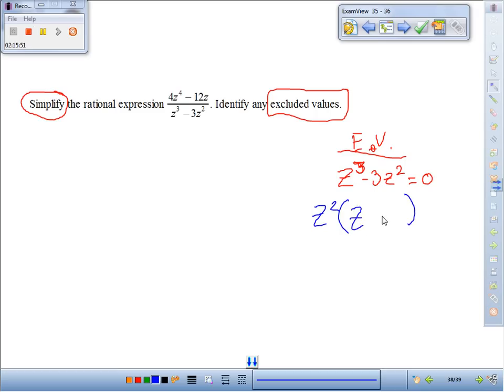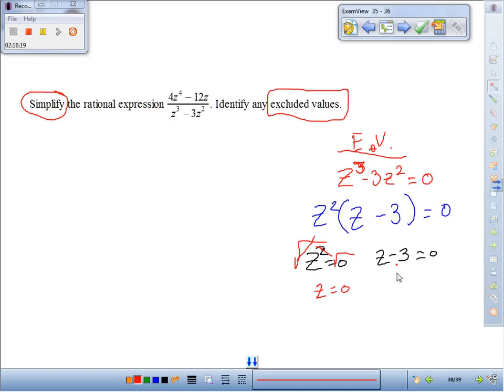We're left with z minus 3 equals 0. From there, set each factor equal to 0. What's my first factor? Z squared equal to 0. What's my second factor? Z minus 3 equal to 0. Let's solve. This one, square root of this, square root of this. This cancels this. We're left with z equal to 0.